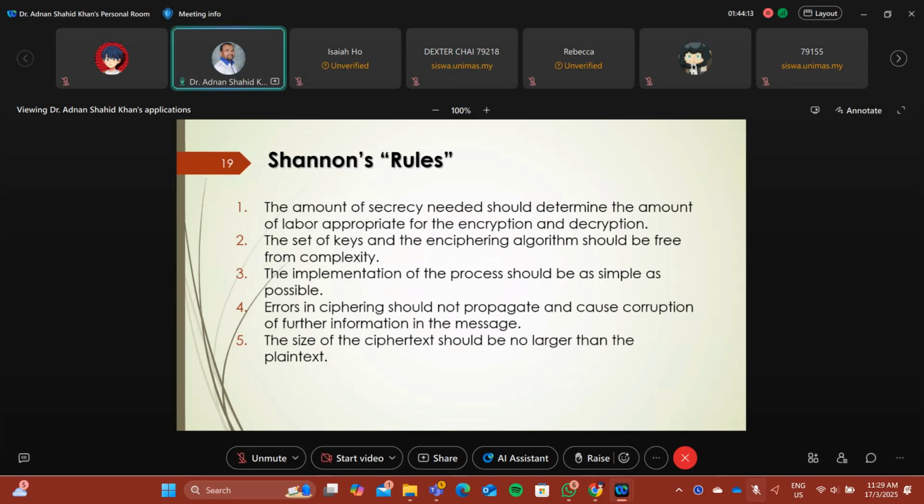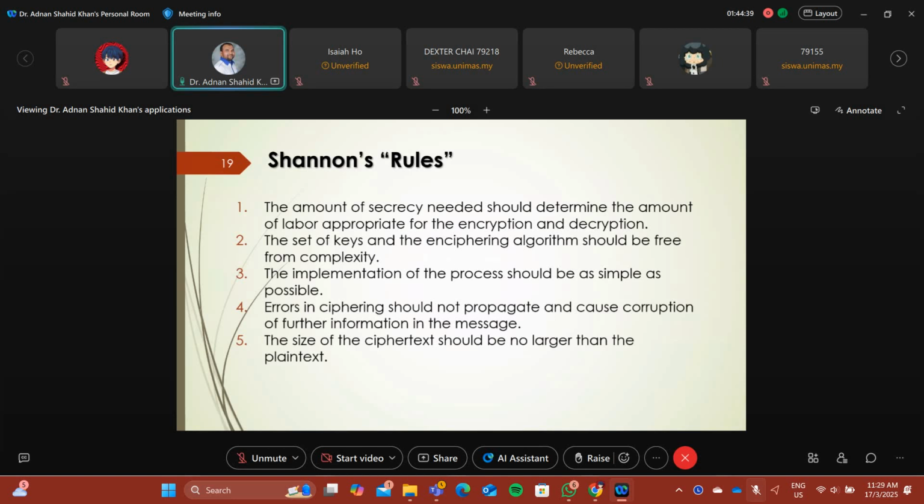If we don't provide proof of our complexity, the reviewers will send it back and ask us to add how complex the algorithm is. The implementation of the process should be as simple as possible. So this is for sure.